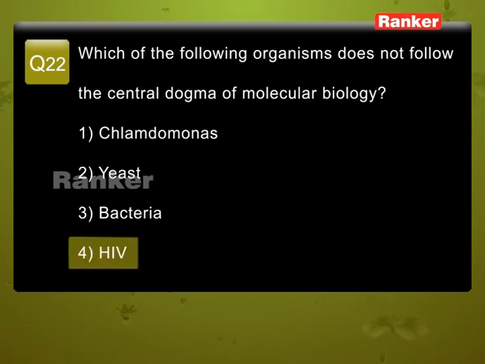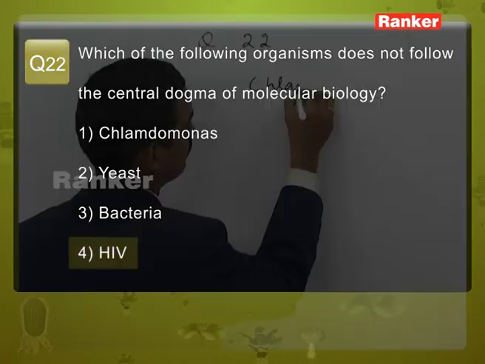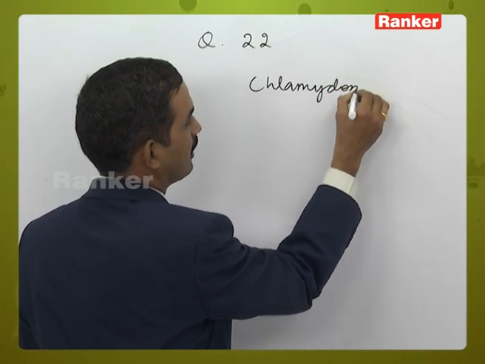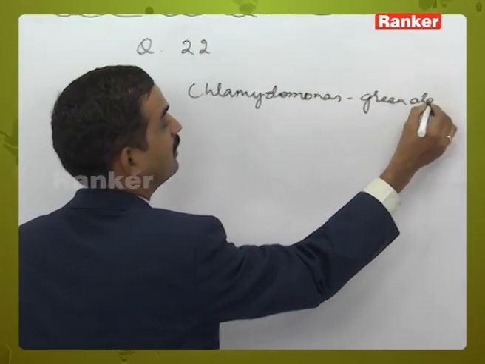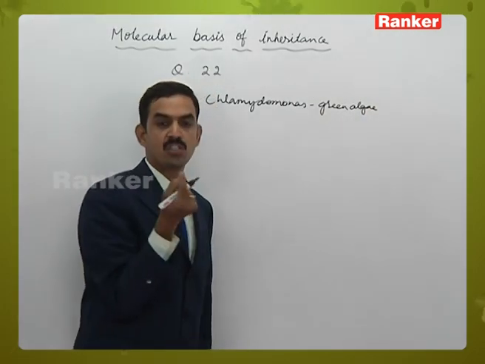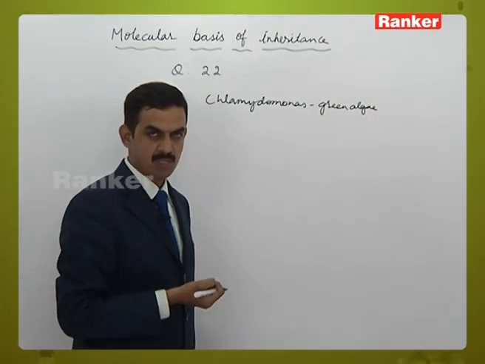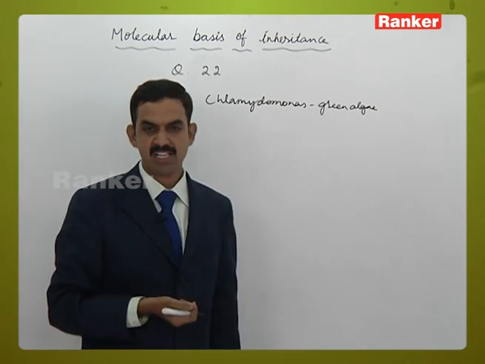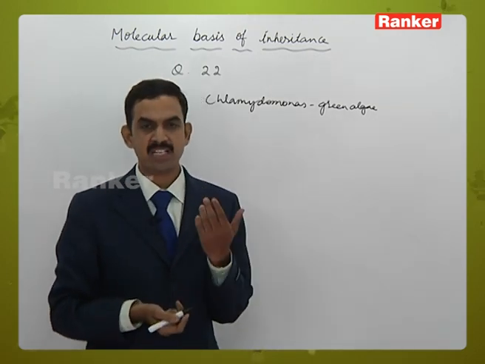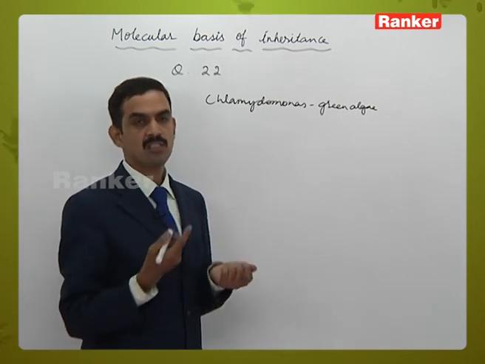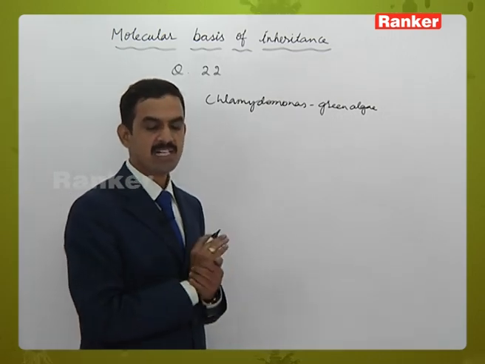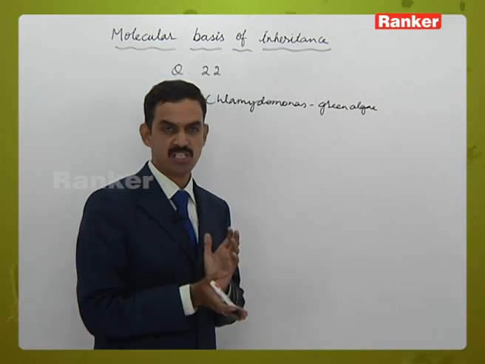Okay, let's start with the first one, Chlamydomonas. Chlamydomonas is a green alga, and this is a eukaryotic organism. In a eukaryotic organism, transcription and also translation are taking place.